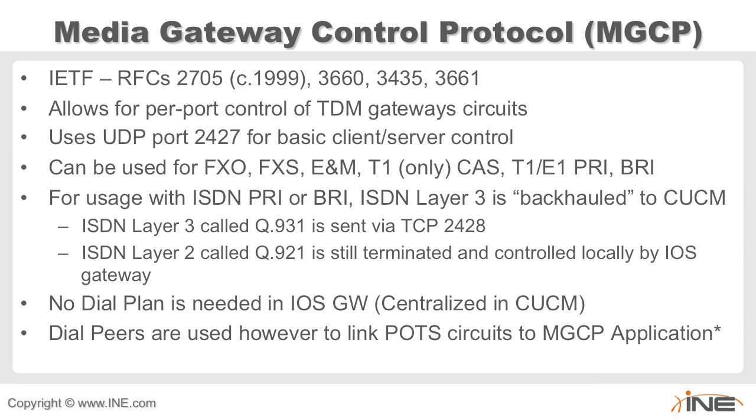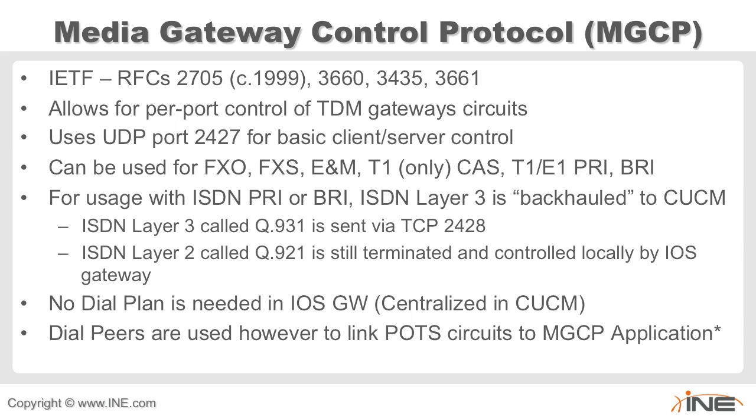But anyhow, 9 might be here by the time you're listening to this, but it's not necessarily what's in the exam. So T1 CAS, T1 E1 PRI, either flavor, and BRI. If it's used with ISDN PRI or BRI, because ISDN has a layer 3 component, then MGCP, which is an IP, a layer 3 protocol, it backhauls this layer 3 component to CUCM.